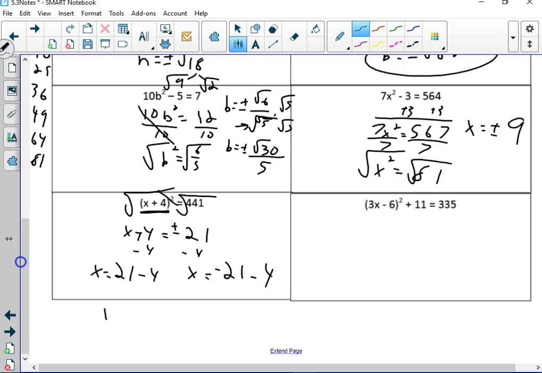So 21 minus 4 is 17, and negative 21 minus another 4 is negative 25. So we have two answers on that one. We've had two answers before, they've just been plus and minus the same number. This time it's two separate answers.